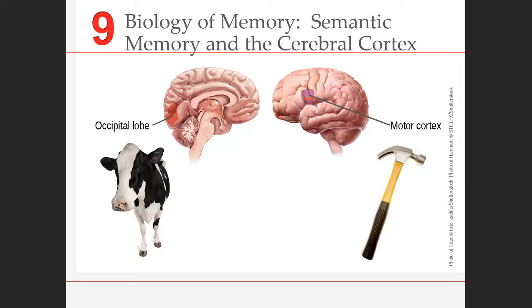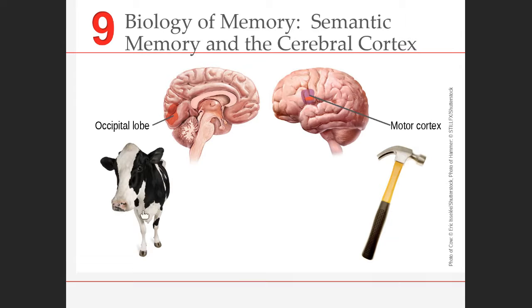And then for semantic memory, the part of the cerebral cortex that's involved with the sensation for that memory is where that memory will be stored, which is really kind of cool when you think about it.